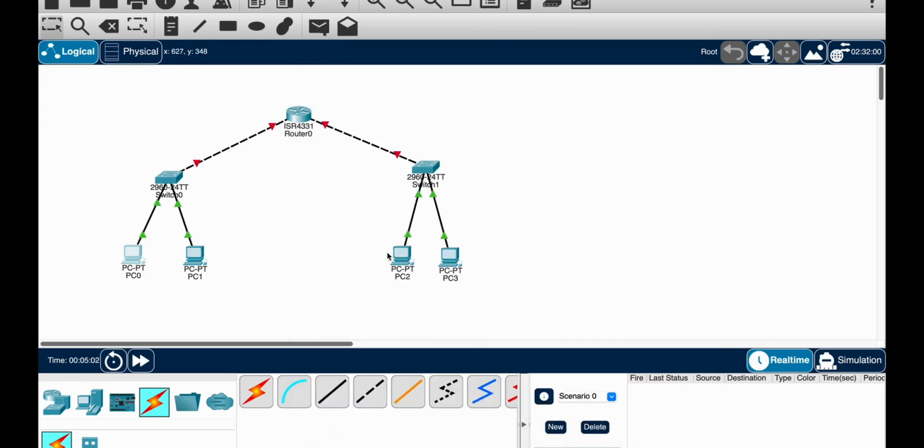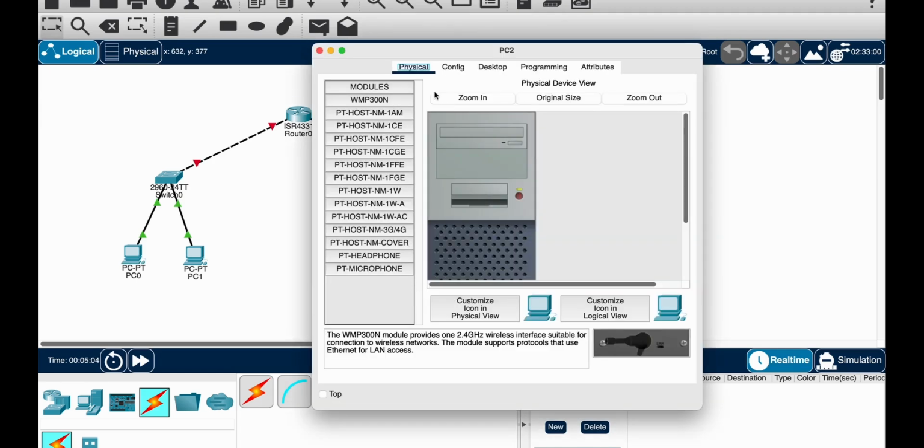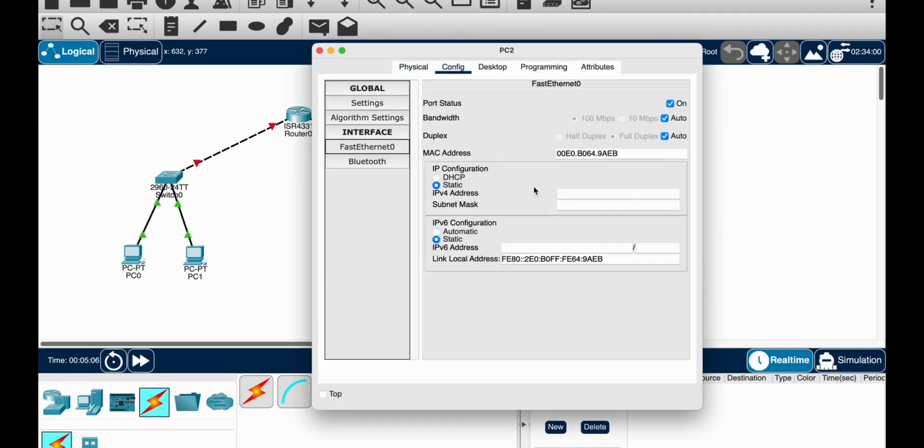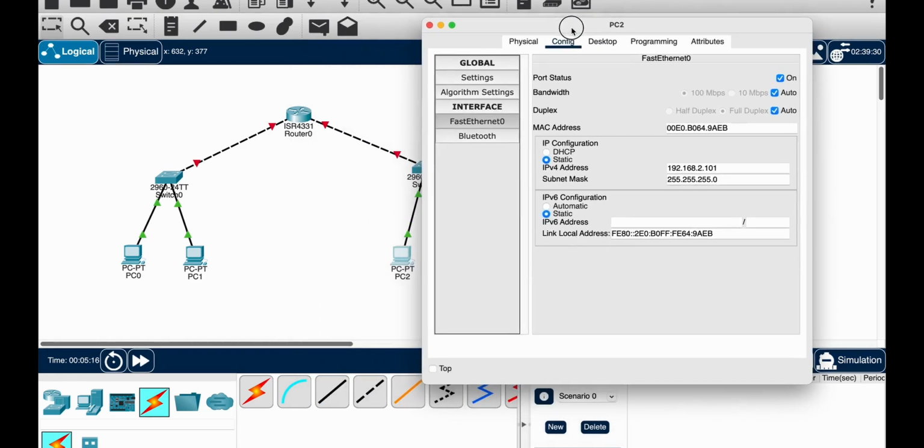Let's go ahead and close this. If you go to PC2 over here, this is going to have a different network address portion, 192.168.2.101. It's very important that these two be on different networks, and because I just told you that these 24 bits are for the network portion, these are different for PC2 and for PC0.